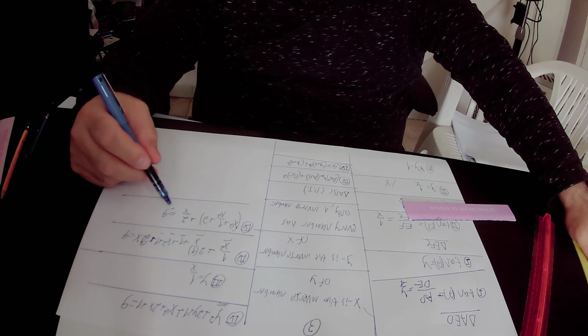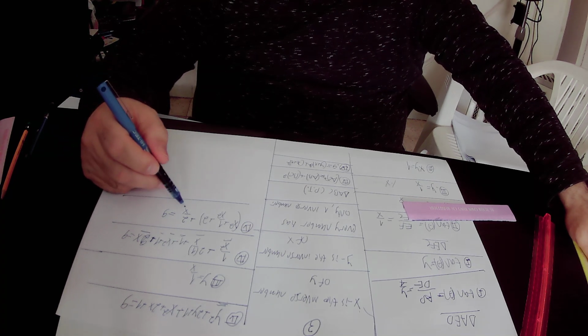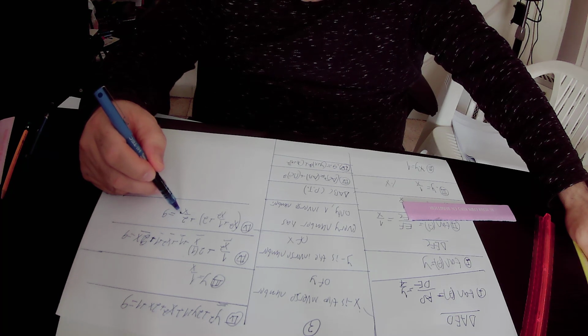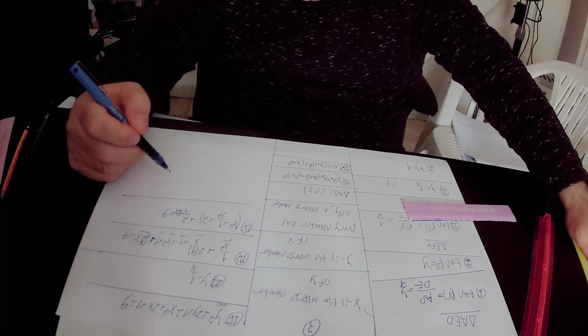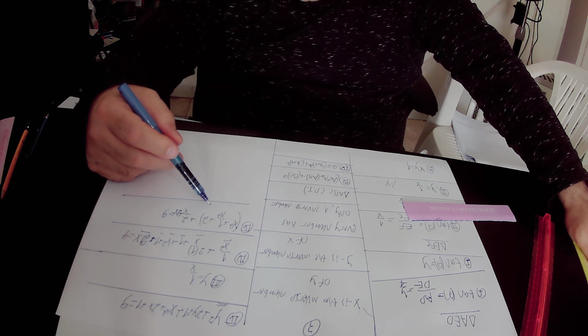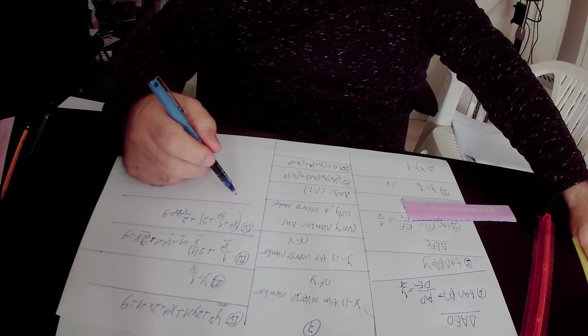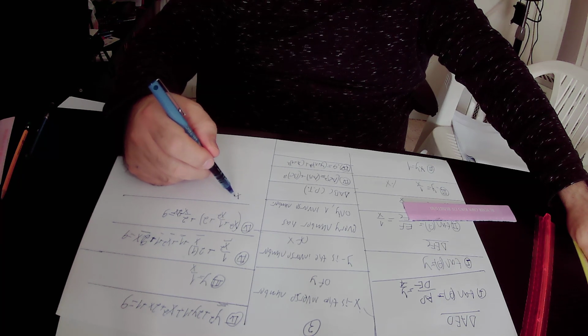So here we will have 2x and 2 over x plus 2x, so the expression inside the brackets equals x plus 1 over x squared.